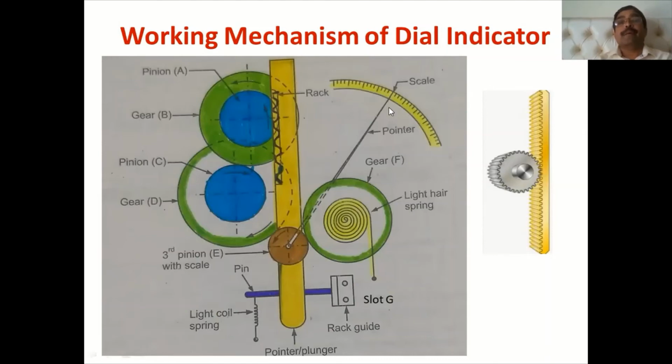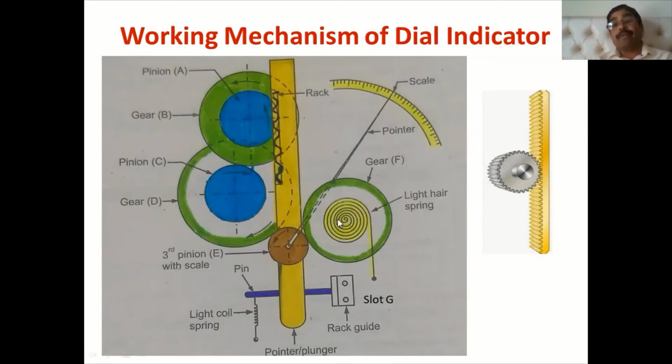The magnification is conveyed to the pointer. This pointer is mounted over the shaft of pinion E here. Then here, one more part is there. You can see the light hair spring.